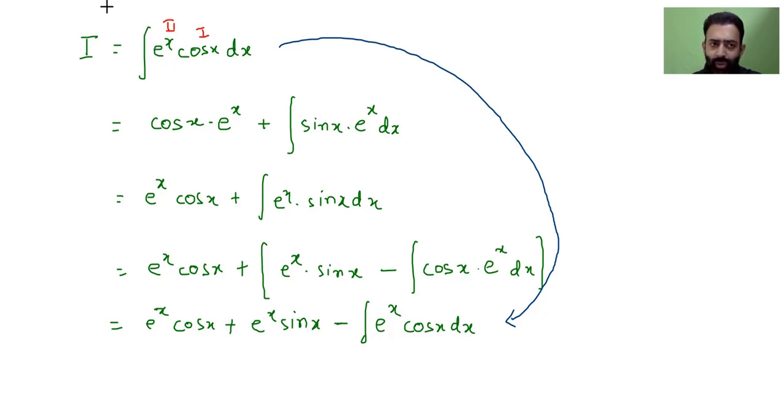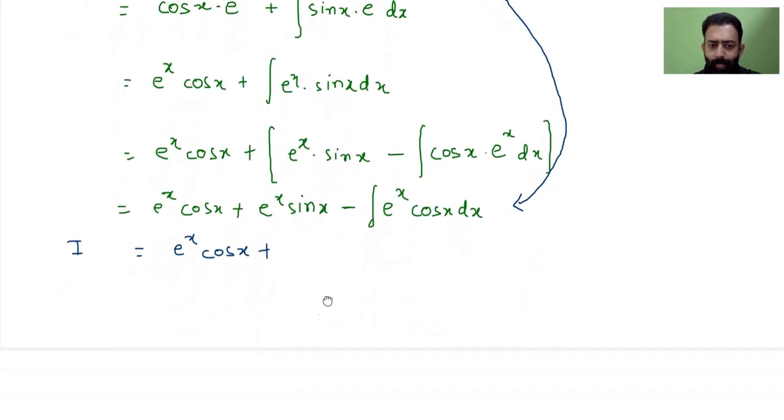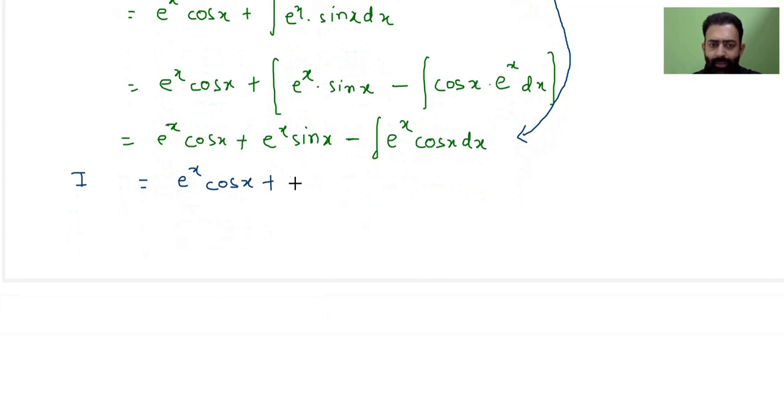So you will denote this by I. That means in the LHS you have I, in the RHS you have e raised to power x cos x, plus e raised to power x sin x, and minus this integral, which is I. So here it is plus I, here it is minus I.